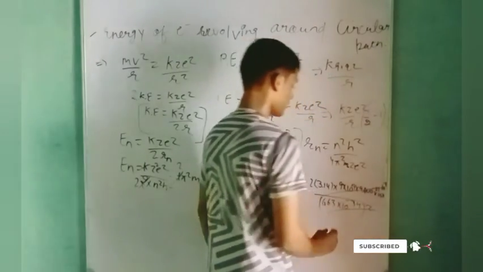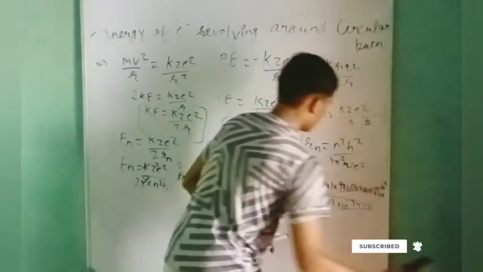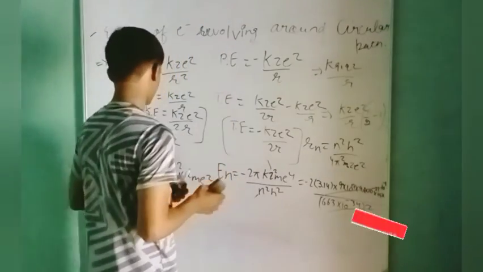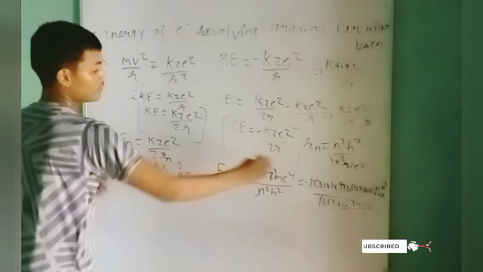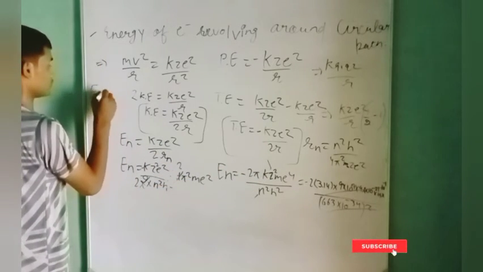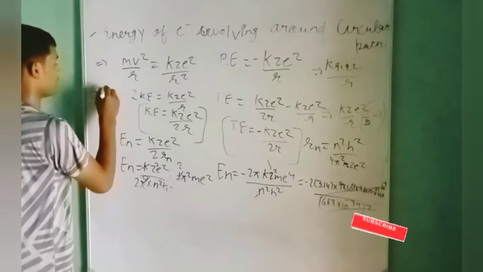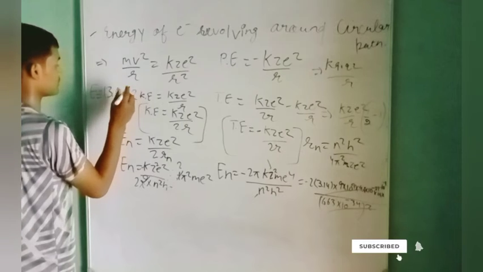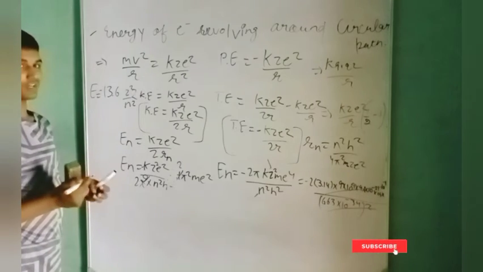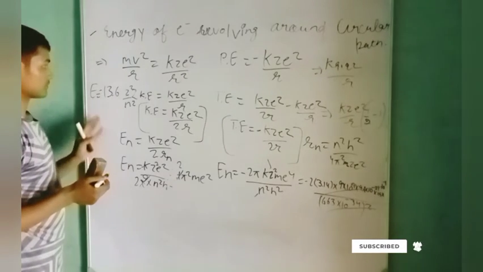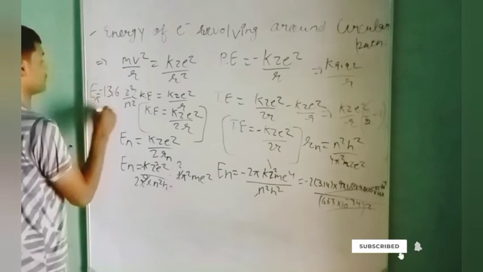When we cut them and solve, we get the value minus 13.6 Z square upon n square. So that is the value that comes for En.